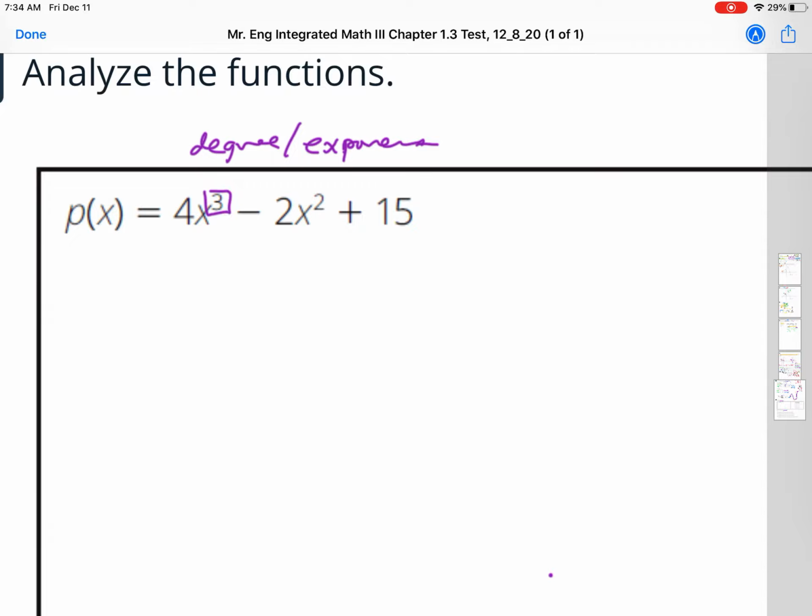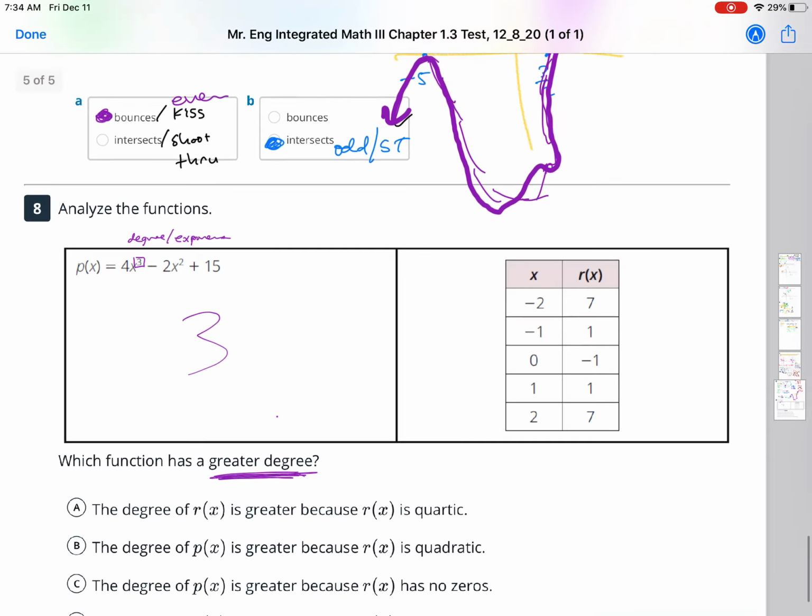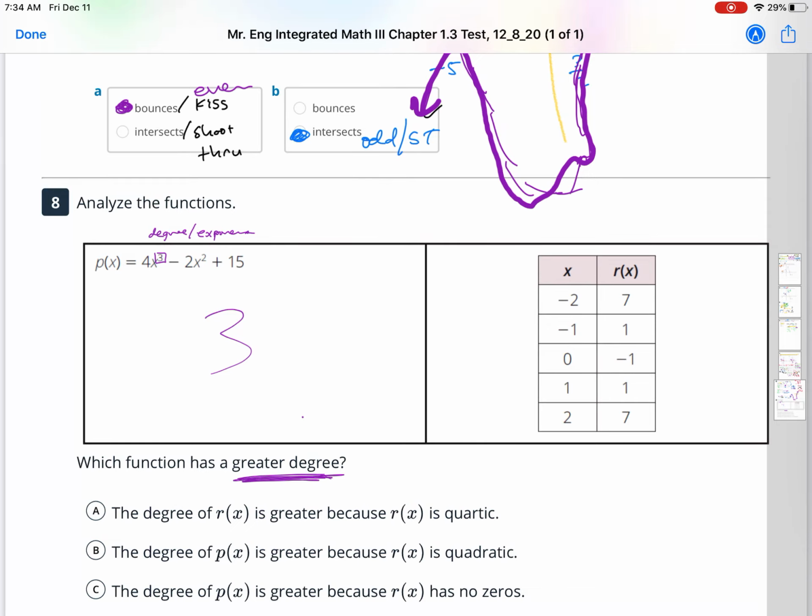This one has a degree of 3. They call this one a cubic.